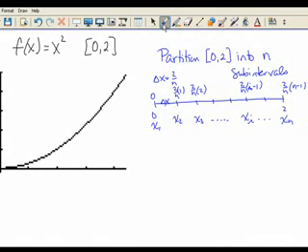So the lower sum would use left endpoints. Because this function y equals x squared has basically the same shape that y equals x squared plus 1 does, and that's what worked before.